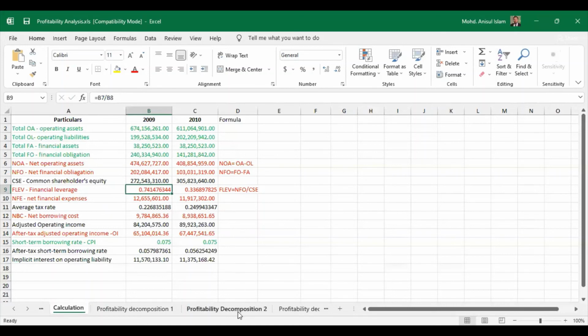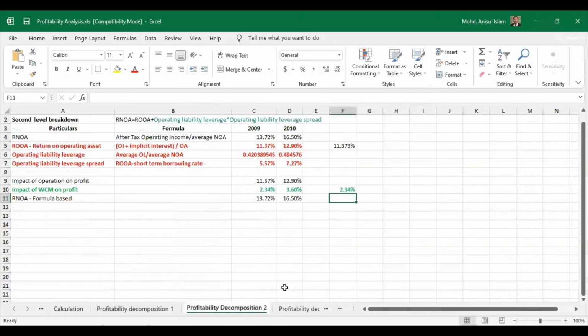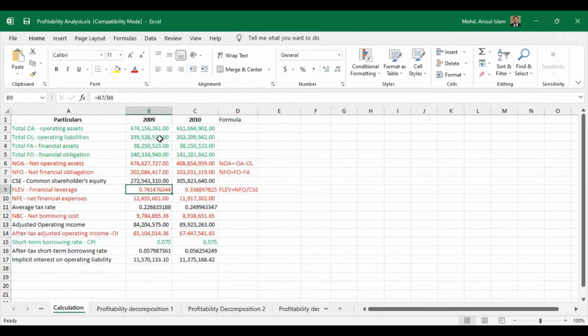But now our task is to determine a new term, which we call the operating liability leverage. So how can we calculate this? We can calculate this by taking the operating liabilities from here, this one.